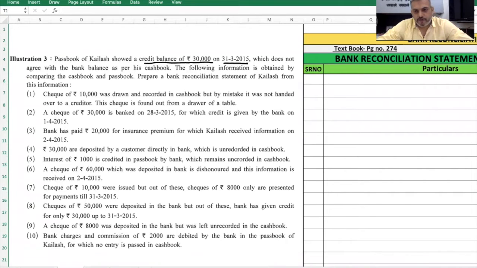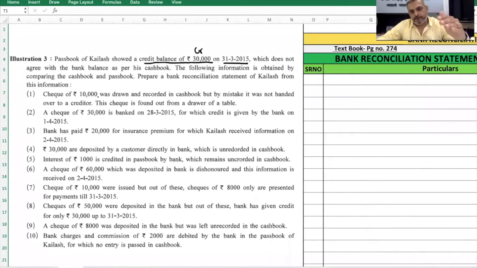So the passbook shows a credit balance of 30,000, which does not agree with the bank balance as per his cash book. The following information is obtained by comparing cash book and passbook. Prepare a bank reconciliation statement of Kailash from this information.